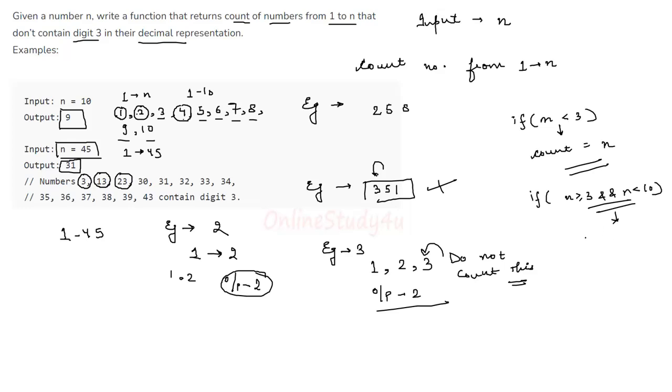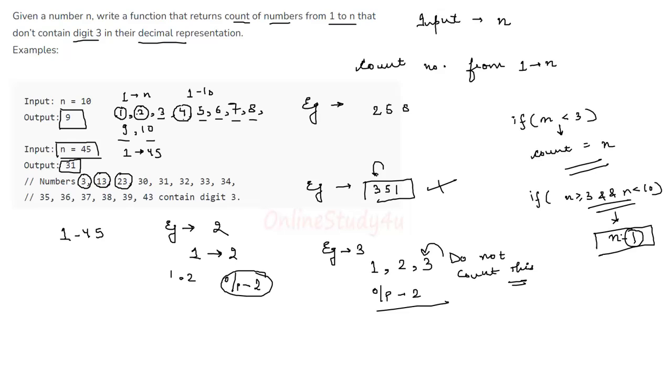So what you will do? You will just do n minus 1. You will just deduct 1 from the n. Why? Because there is only one number that contains digit 3. And which is that number? That number is 3 only. Okay, got it? Now, how we will come to this approach?